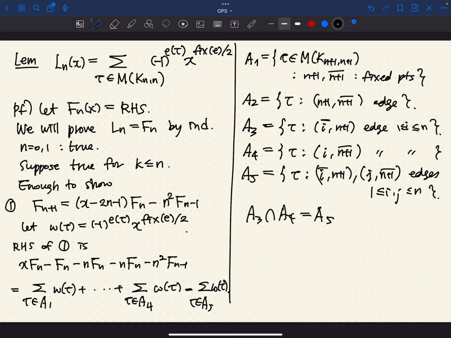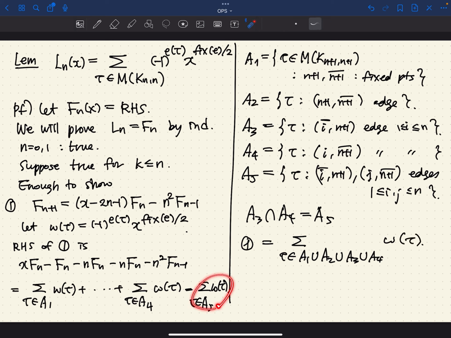That means 1 is equal to the summation, but A1 and A2 are already disjoint, and they are all disjoint from the other sets. So this is like A1 union A2 union A3 union A4, weighted over tau, because this will cancel the intersection of A3 and A4.